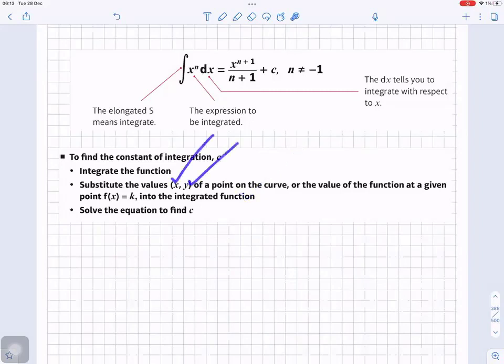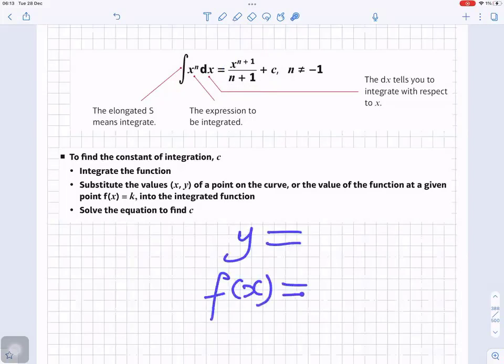Substitute x and y to find the value for c. And number 3, solve the equation to find c. So after you integrate, you follow 1, 2, and 3 to find c. And then that gives you your answer for y equals, or they call it f of x equals. Let's go ahead and do that example.